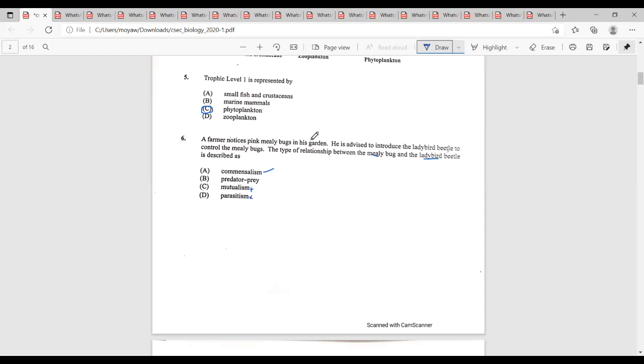So the mealybug is eating that. Somebody told him to get the ladybird beetle, which would help to control the mealybugs, help to eat them. So the best option here to describe the type of relationship would have been a predator-prey relationship.